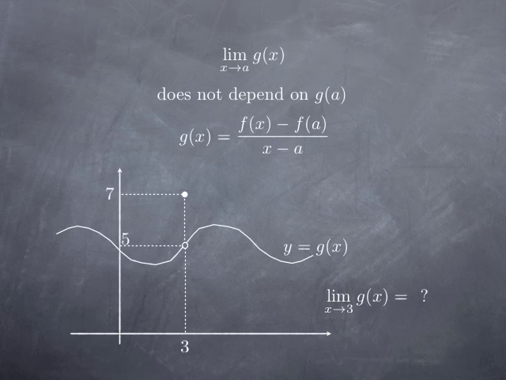What should be the limit of g when x is approaching 3 is the number, if any, that the values g of x approach as x gets closer and closer to 3, but really not equal to 3, because of the observation we made before that this should not depend on the value of the function at 3. Therefore here the limit ought to be 5.